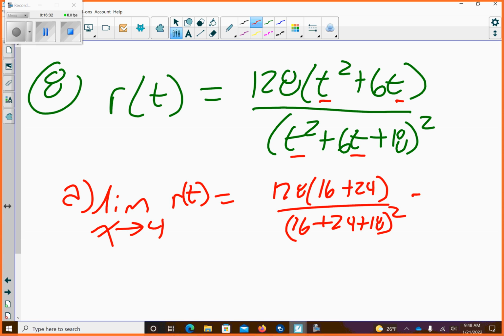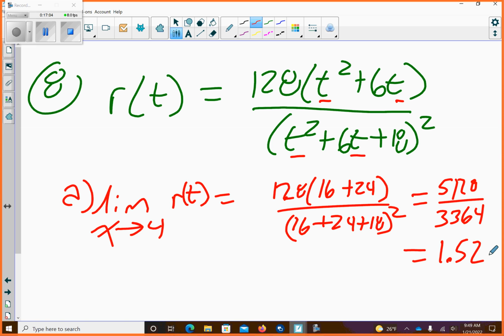Over 3,364. Okay, do me a favor, will you reduce that? 5120 divided by 3364. Did you get 1.52? I'd say the limit there is 1.52.